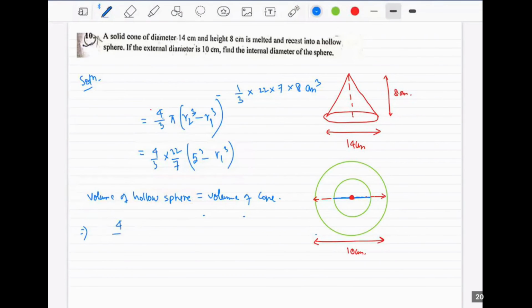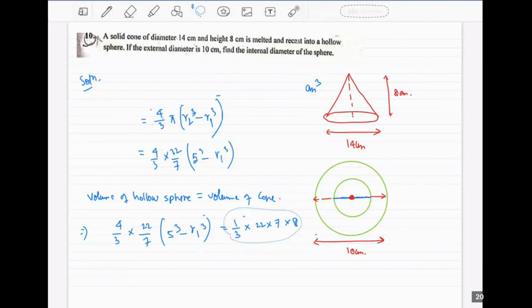Okay, now let's put it 4 by 3 into 22 by 7 into 5 cube minus R1 cube is equal to, what about the volume of the cone? Volume of the cone is this portion right here. So let's put it. All right. This is the volume of the cone. This is the volume of the hollow sphere.